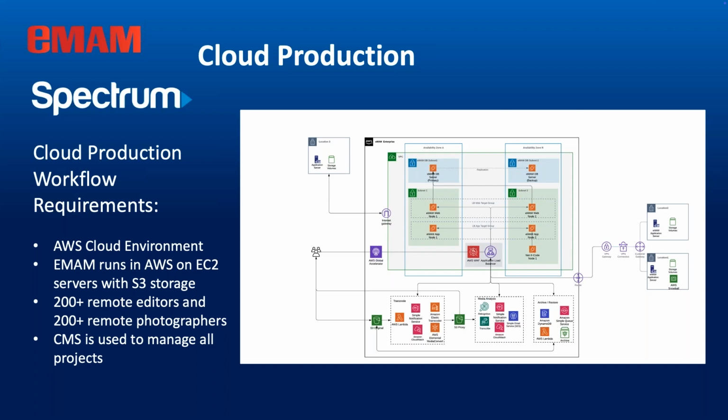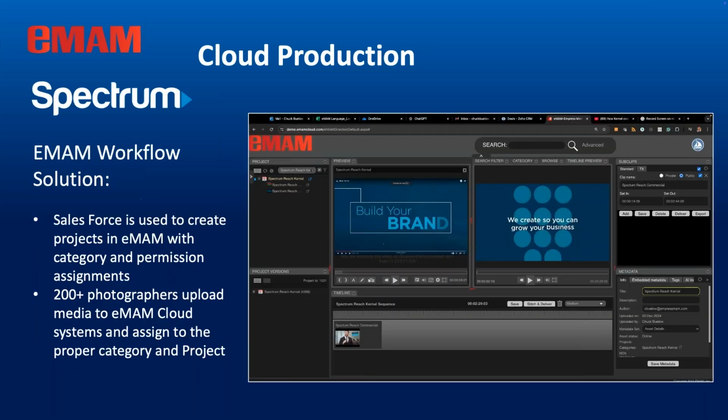So they have the ability to upload the content, have it transcoded, and create the proxy for previewing, or mezzanine copy to be able to edit off mezzanines, within Adobe Premiere, for example, and so on.